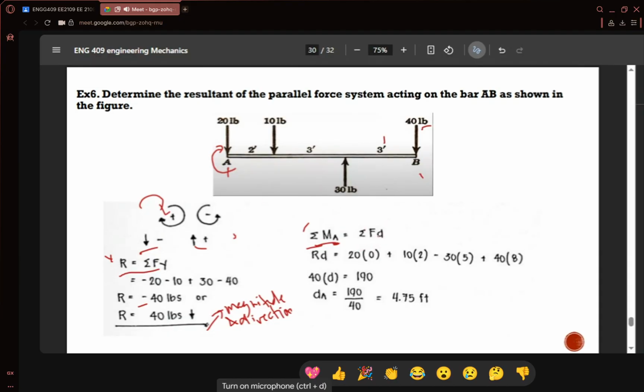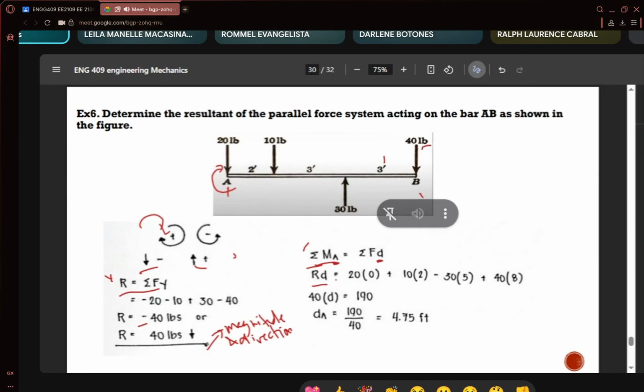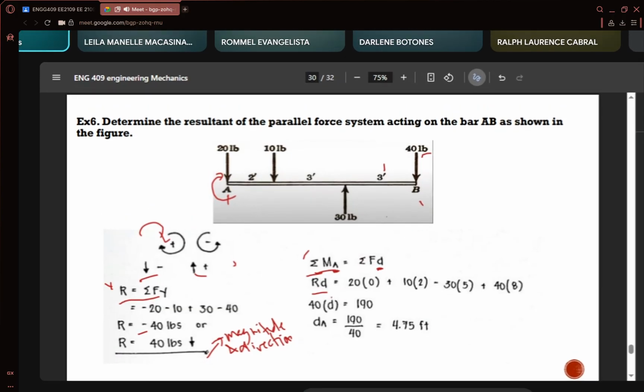Take note the distance here is in reference to A. Okay, so let's try that. The summation of forces times distance is also equal to the total, meaning your resultant times also the distance or its position. This is what is required.